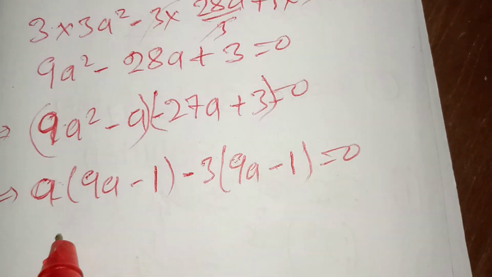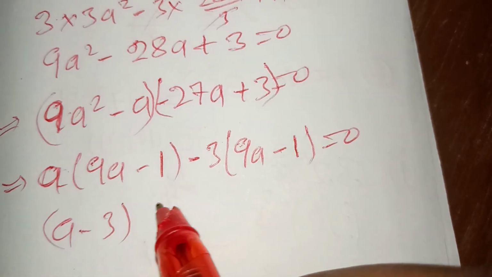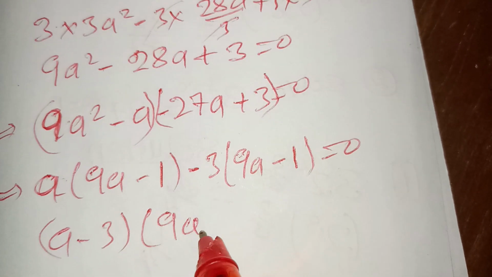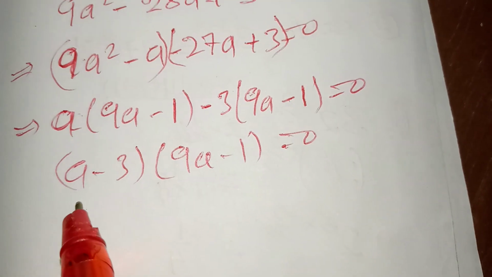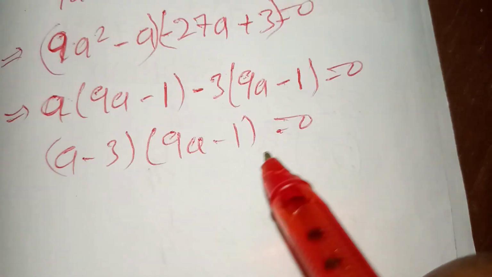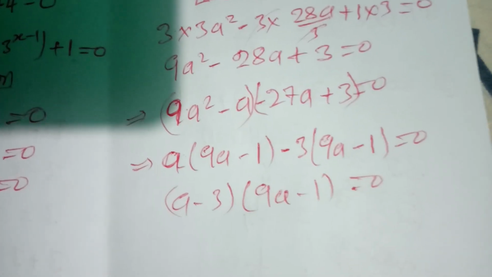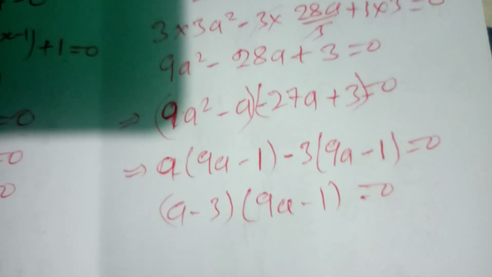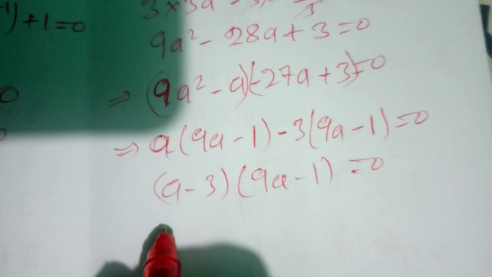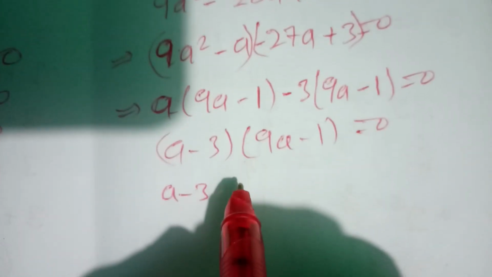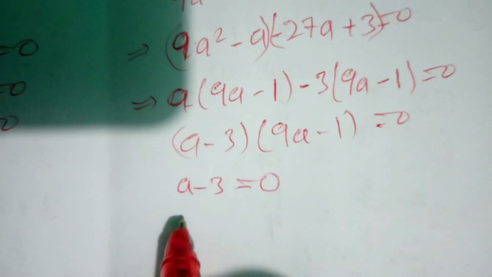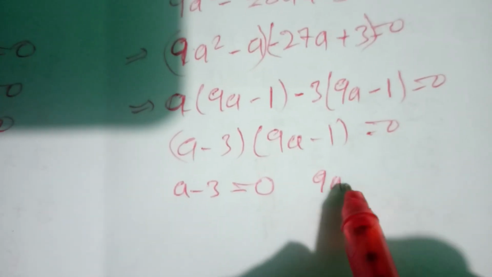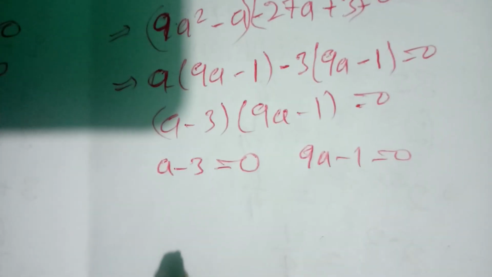So now we put these terms together, we have a minus 3 times 9a minus 1 all equals 0. So now we pick these terms and equate them to 0, so that we can determine the value for a. Here you're going to have a minus 3 equals 0. Then here 9a minus 1 equals 0.